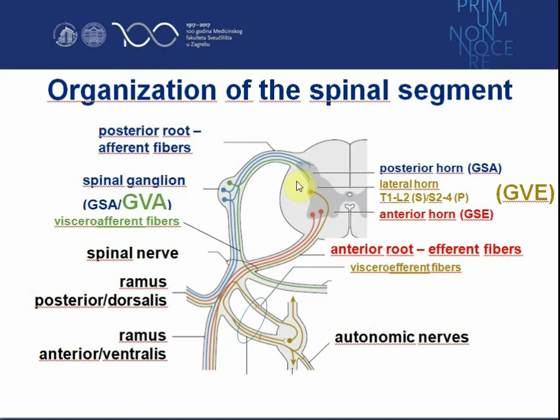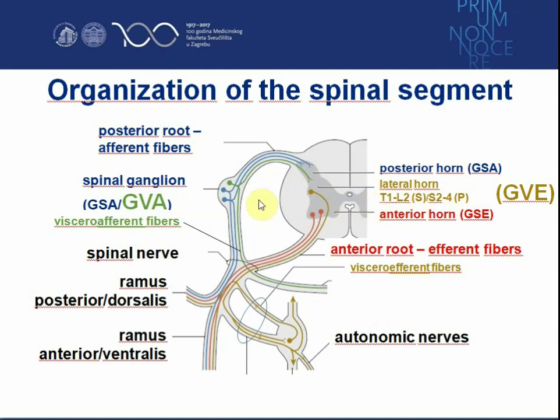So the thoracic segments provide the sympathetic efferent fibers for the whole body, and the sacral segments of the spinal cord provide the parasympathetic fibers for the innervation of the pelvic and lower abdominal organs.